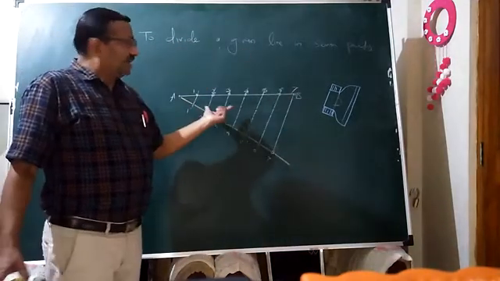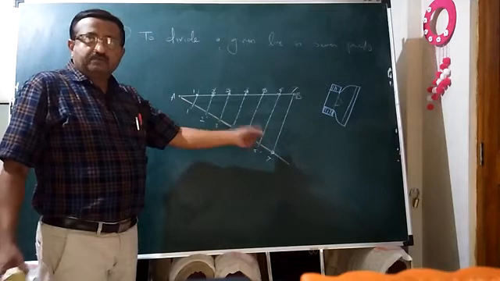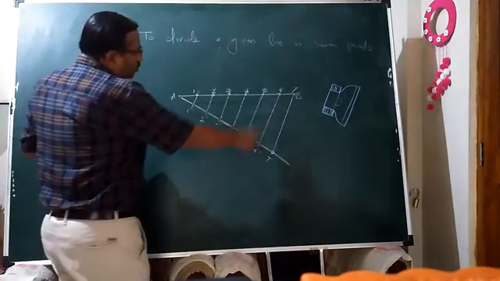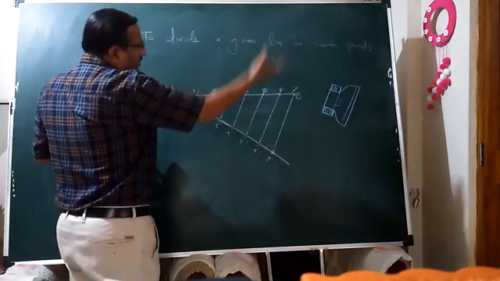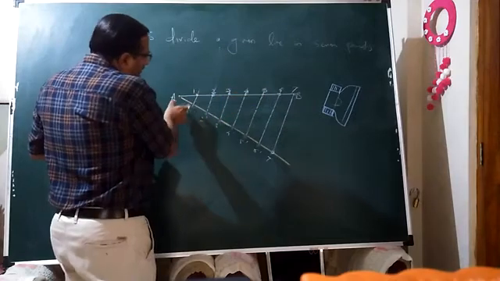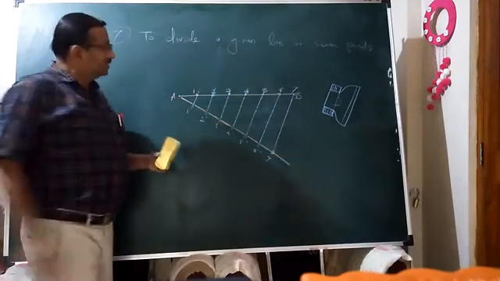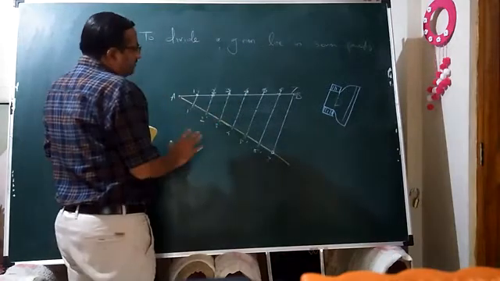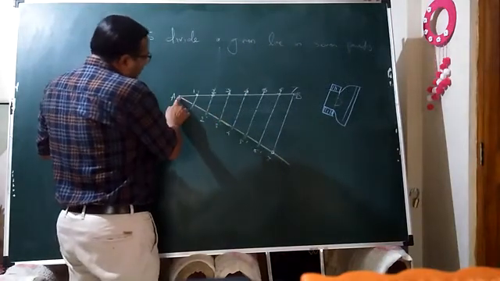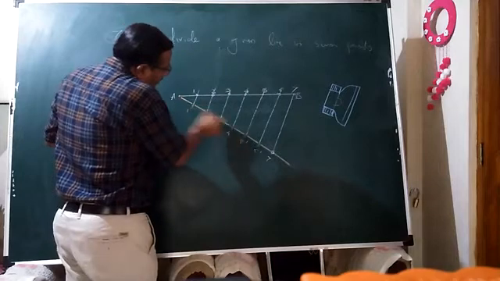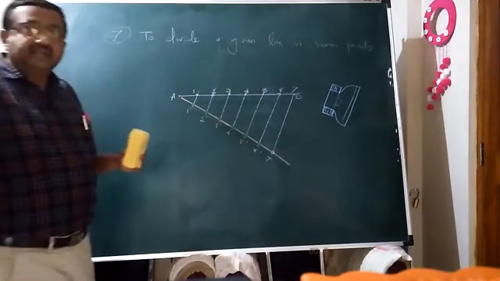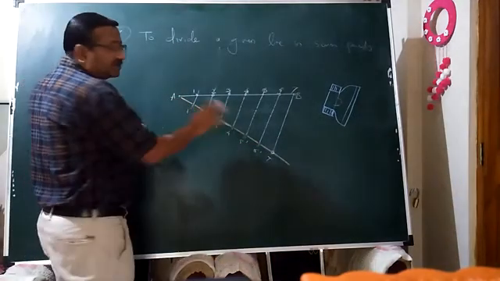For 7, for 9 also, for 11 also, by the same procedure. By however many parts we have to divide this line, that many segments we have to mark on this orange line. Suppose 11 parts are required. In that case, on this orange line, instead of 7, you have to mark 11 parts of any length. There is no restriction at all.